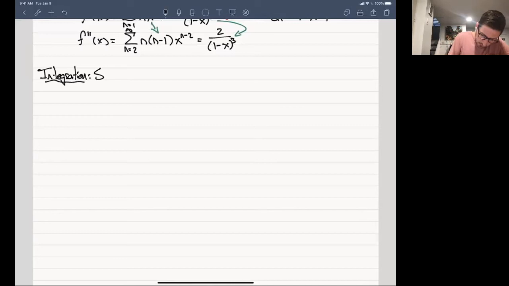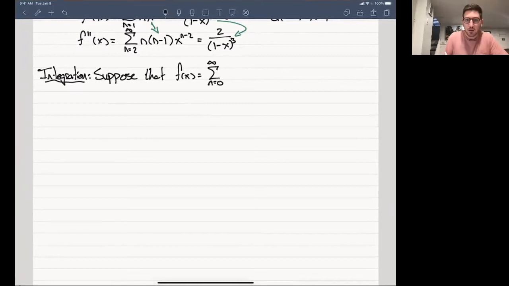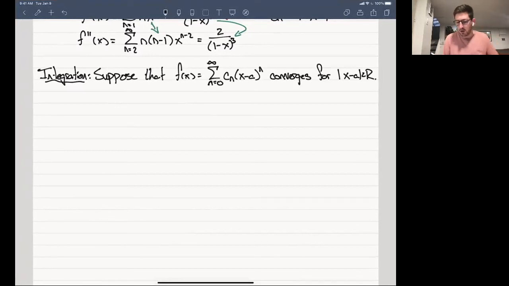So let's suppose that we have a power series equal to a function. So let's go with the sum from n equal to 0 to infinity of Cn times x minus a to the power of n, and it converges for absolute value of x minus a less than r, and we obviously assume r is positive.